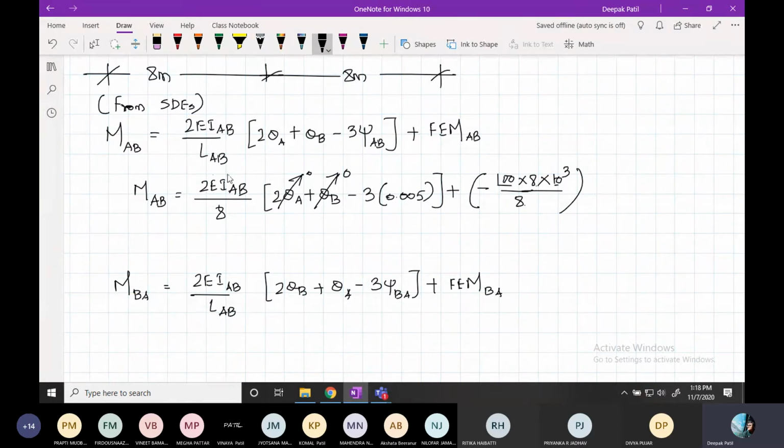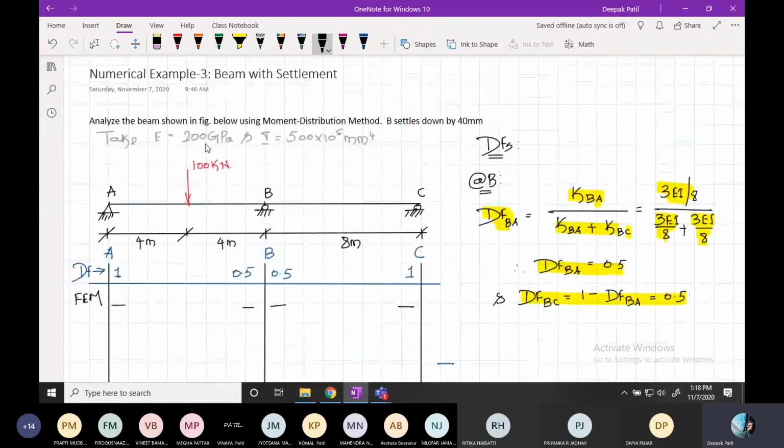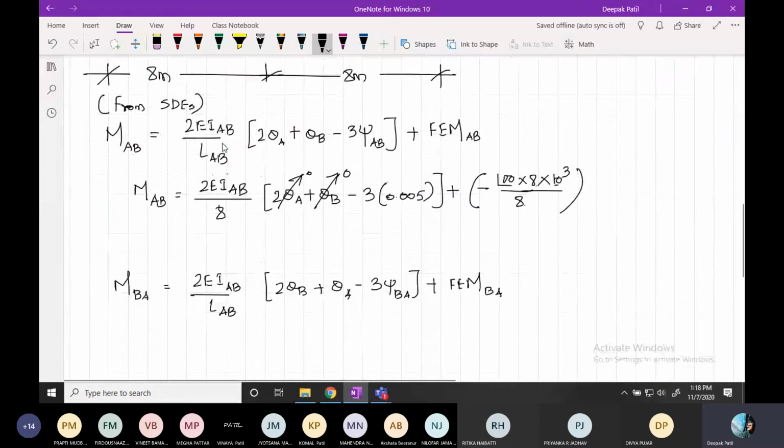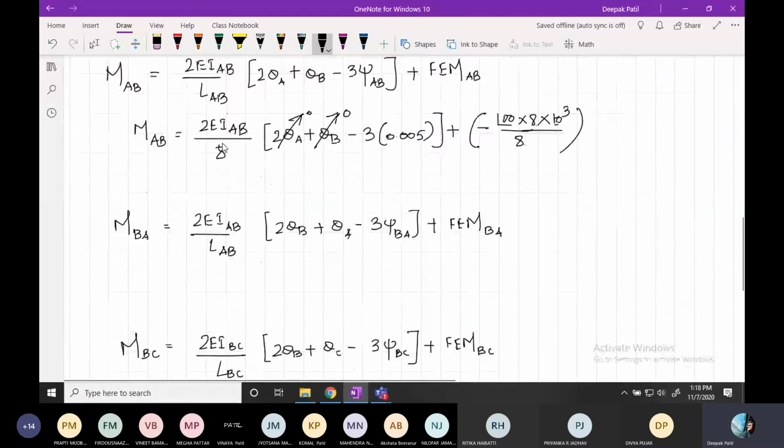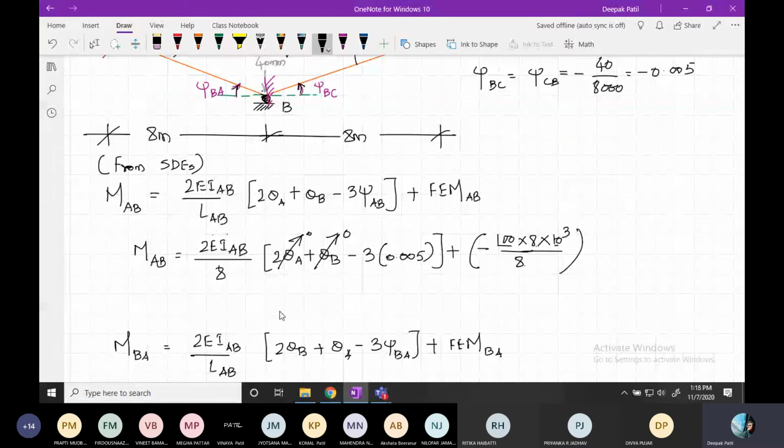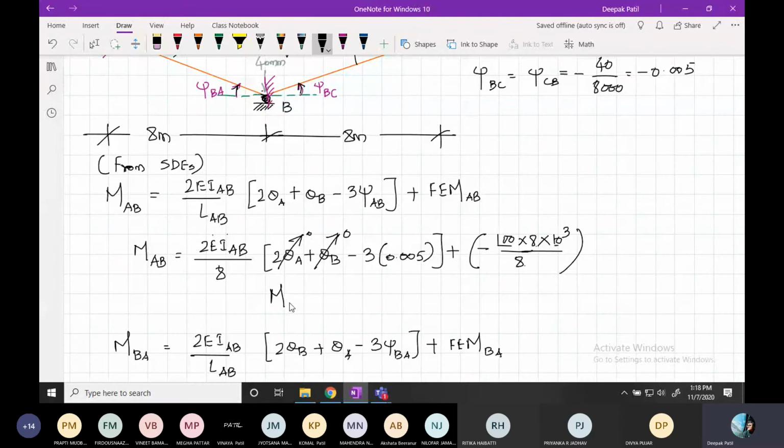Now you have to substitute the values of E and I, which are already given to you: 200 gigapascal, and I is 5 into 10 raised to 6 millimeter raised to 4. You have to substitute with the proper units in this equation and find out the value of MAB. I have already done that.